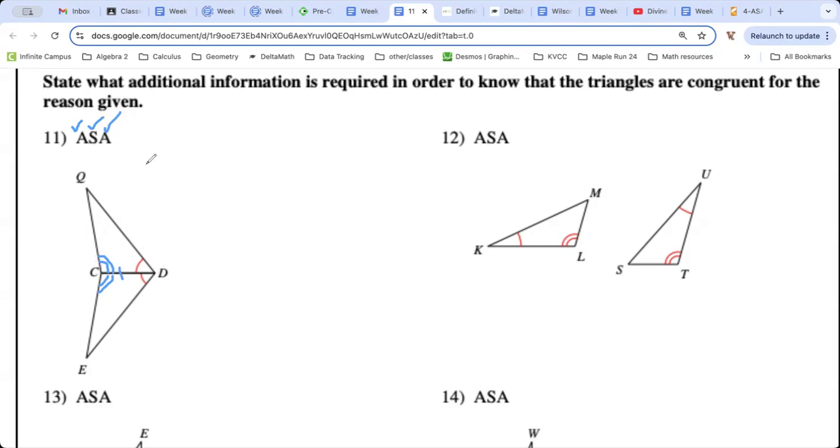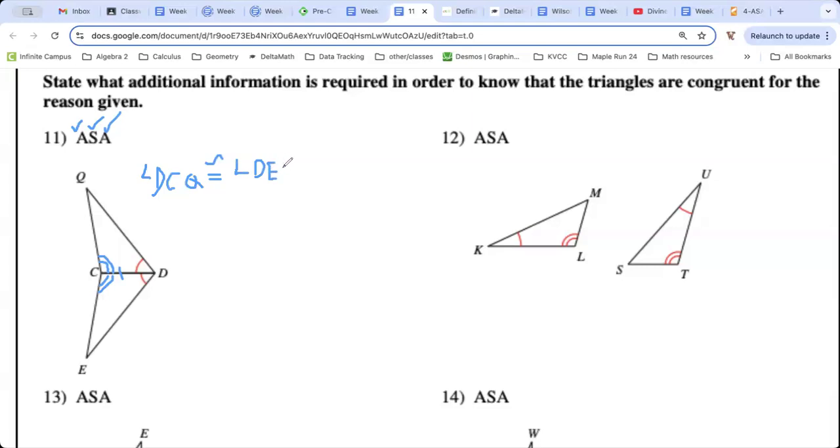Angle DCQ must be congruent to angle what? So DCQ has got to be DCE.